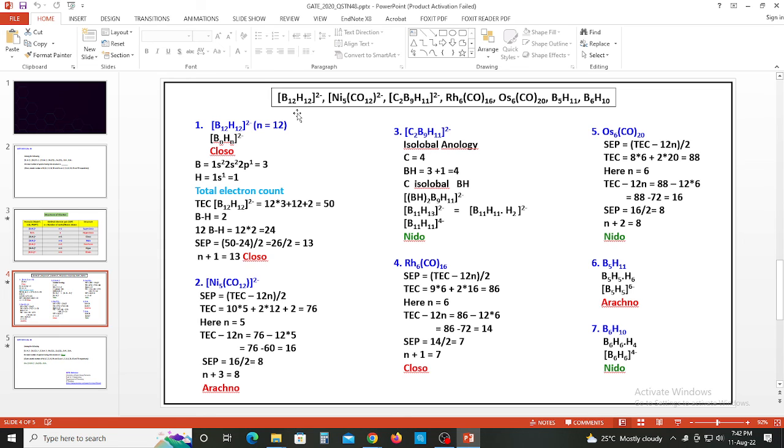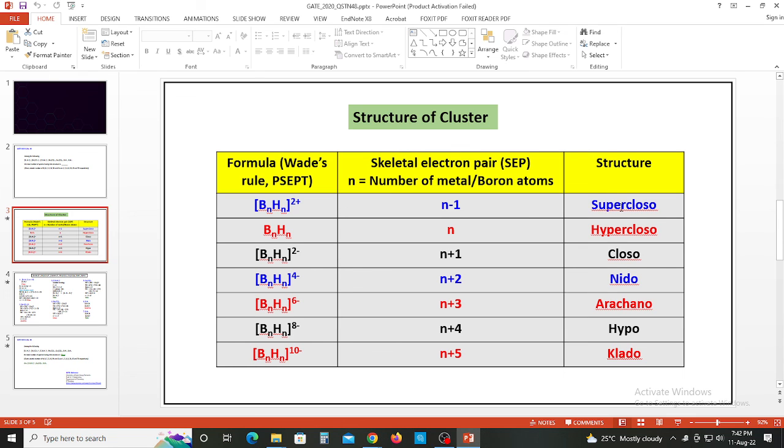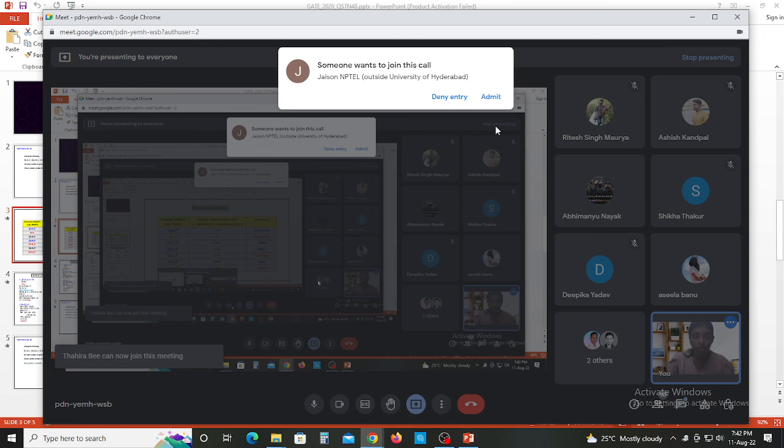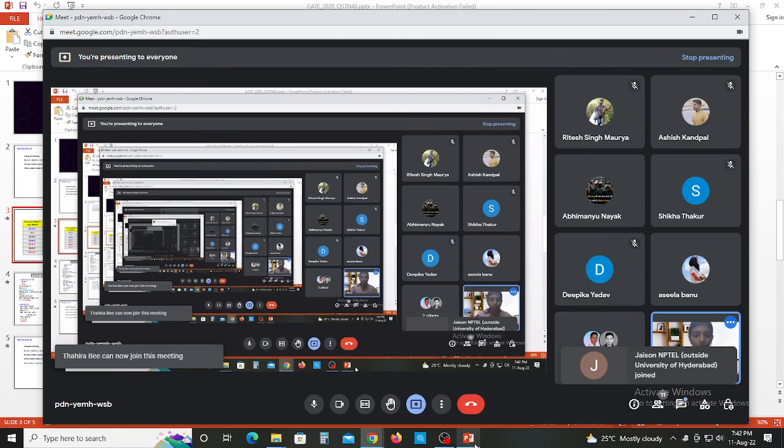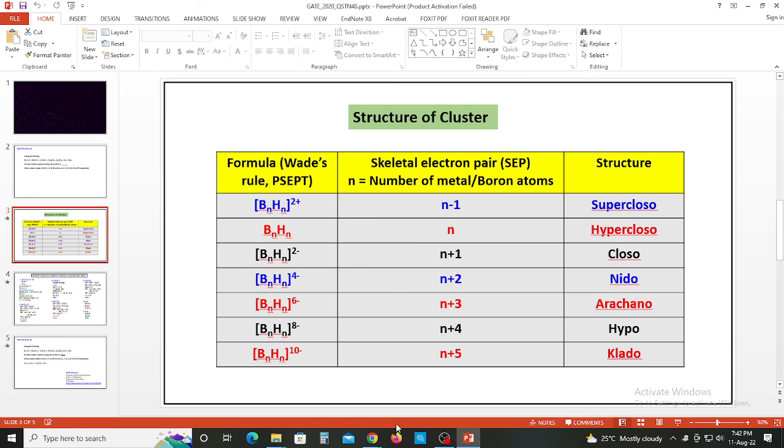They just gave B12H12 2 minus as the direct formula, and they asked the structure. So it's 1 mark, and you can easily get it if you know this table. You just need to know this table, and that mark is very easy, and you don't have to waste any time on it. Just directly with that you can get that answer. So you can take a screenshot of this.